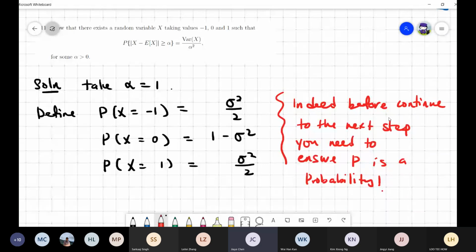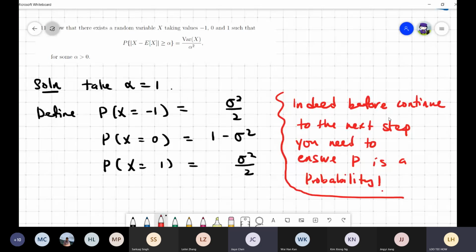You need to check this is a probability. You cannot just simply construct something and then proceed. Again, I suppose you already know the procedure to verify whether P is a probability or not. Anyway, I think it's quite straightforward.